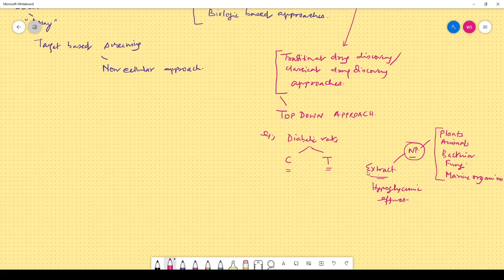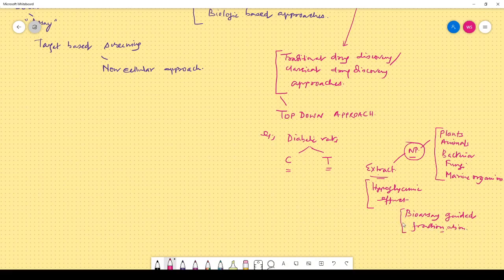So now you have found an extract that is having some activity, and the technique that you use to gain this understanding is called bioassay guided fractionation. Okay, so your aim is to find out the chemical moiety that is actually responsible for the hypoglycemic activity. The way you do that is by using bioassay guided fractionation.